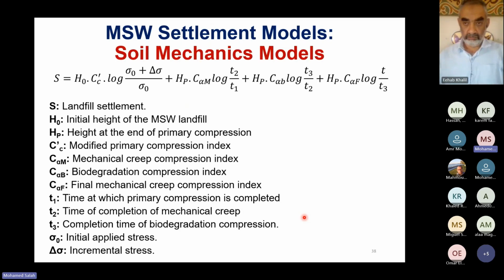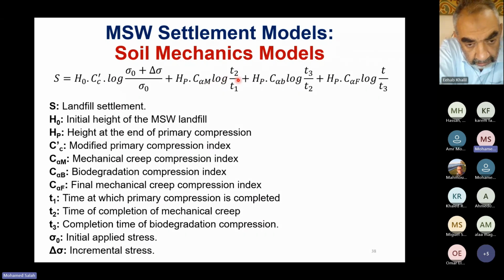As an example for the soil mechanics model, settlement is a function of the initial height of the municipal solid waste landfill, the modified primary compression index, which is similar in sense to the compression index for estimating consolidation of soil, the initial stress state, the additional stresses applied to the waste, the creep factor, and the time after the waste is placed.